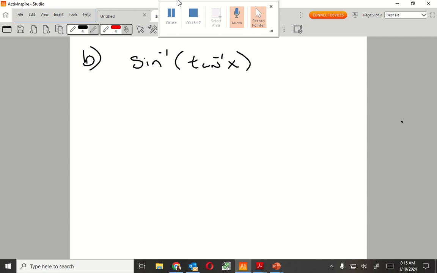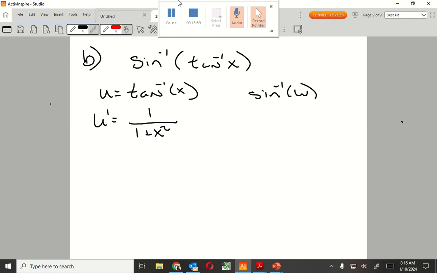All right, so let's see how evil this turns out to be. So here, I'm going to say that my u is what? It's all of it. Okay, it's going to be all of it there. And then u prime, there we go. And so now we're going to have sine inverse of u.